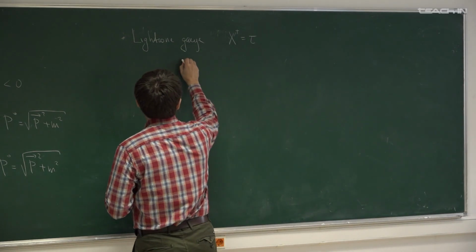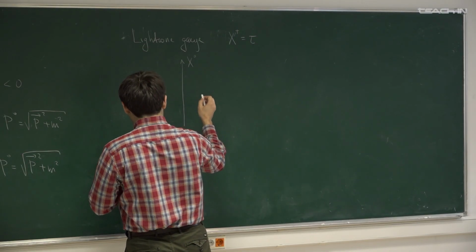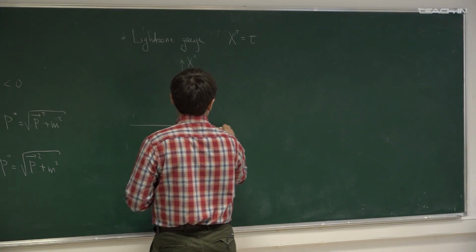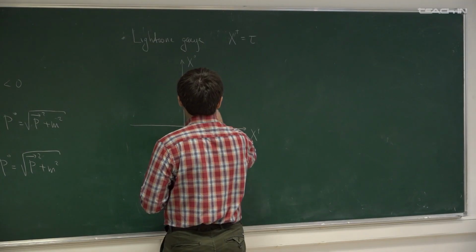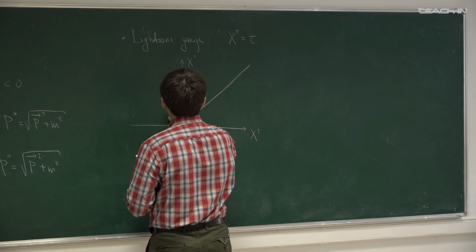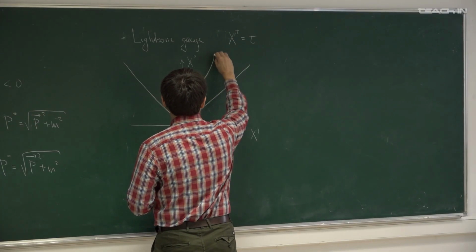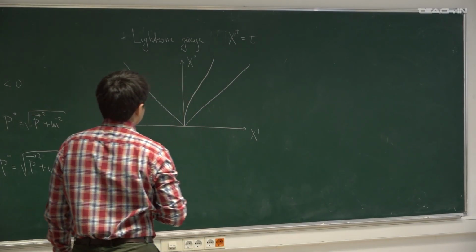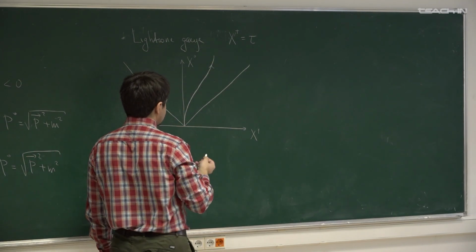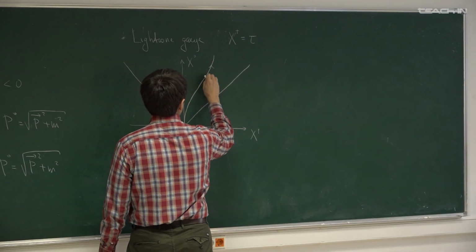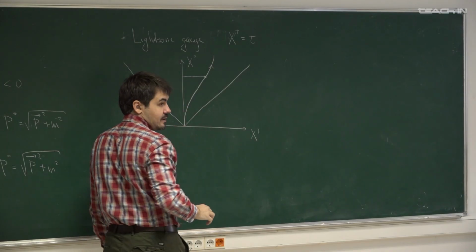So we have our light cone. This is x0 versus x1. We have the light cone. And then we have our time-like curve. And so in the case of the static gauge, basically what we were doing, we were projecting a given point on the time axis, right?